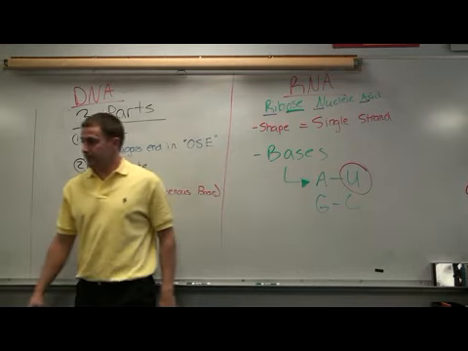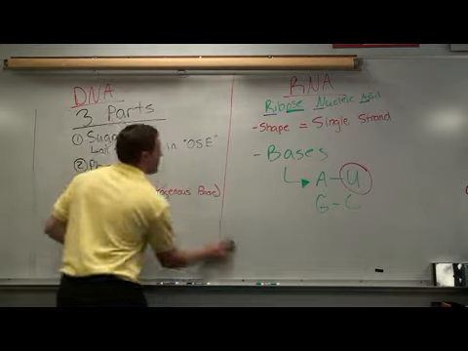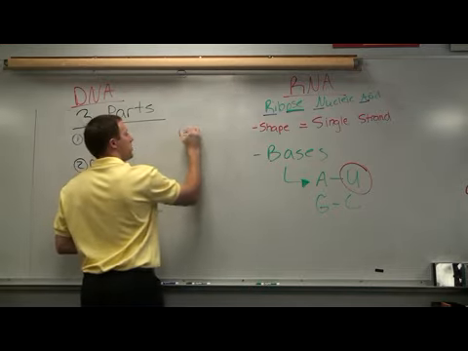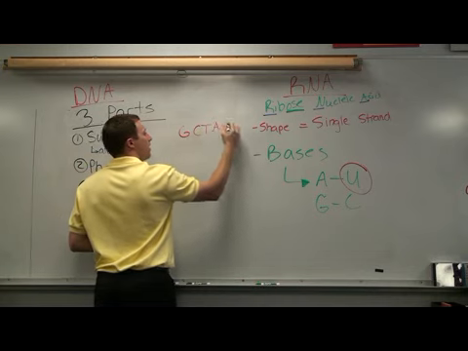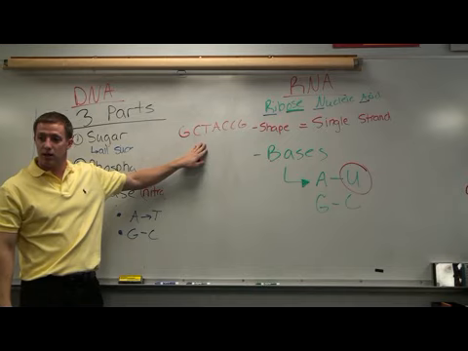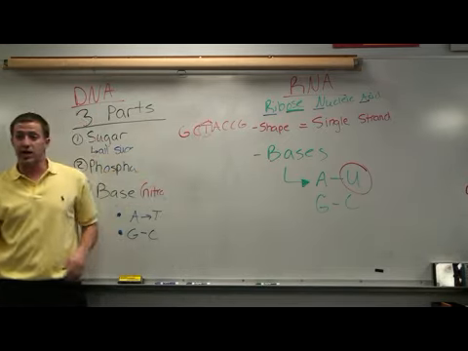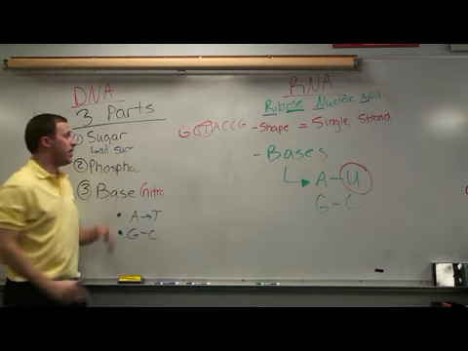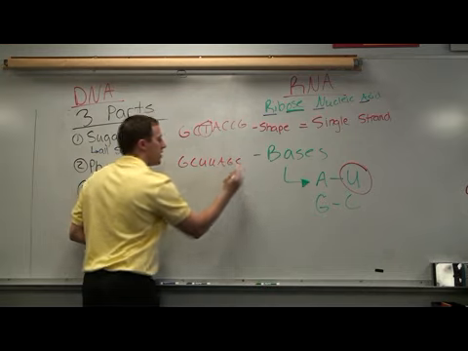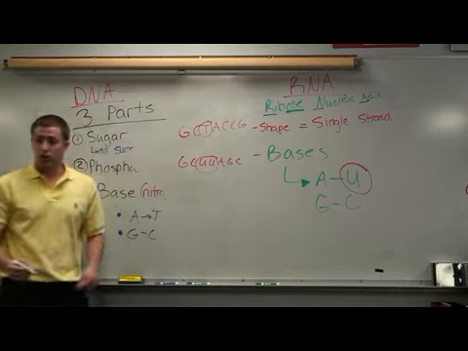Everybody following me? Yes. Okay? So if they write out something on the test like this, GCTACCG. Is that RNA or DNA? What does it have? It has a T, so it's got to be DNA. If they write GCUUAGC, that is RNA because it has U's.